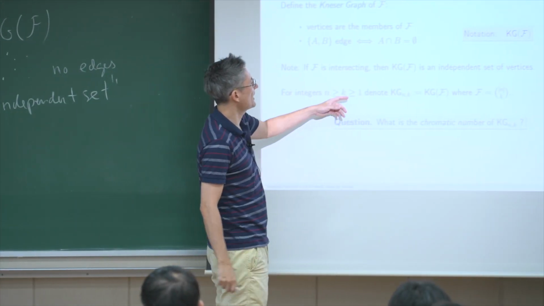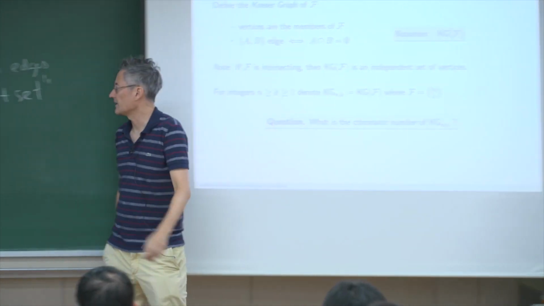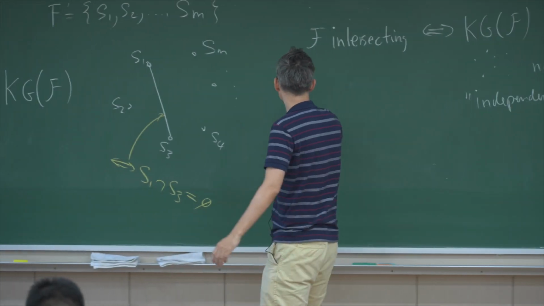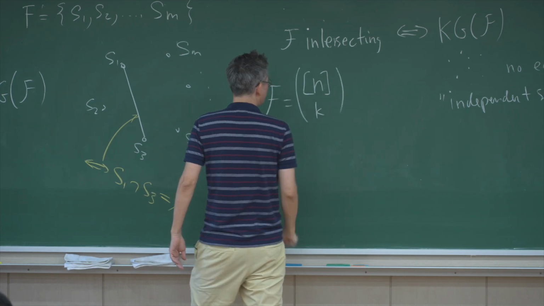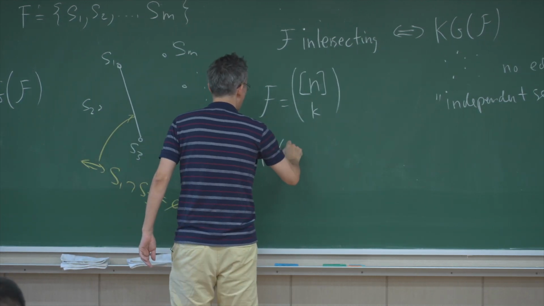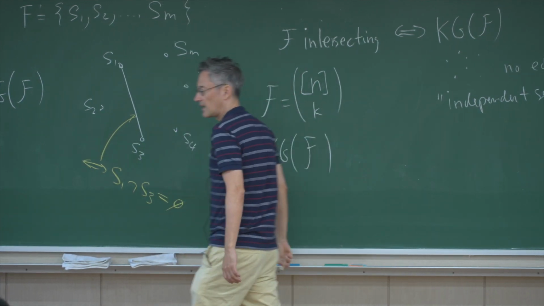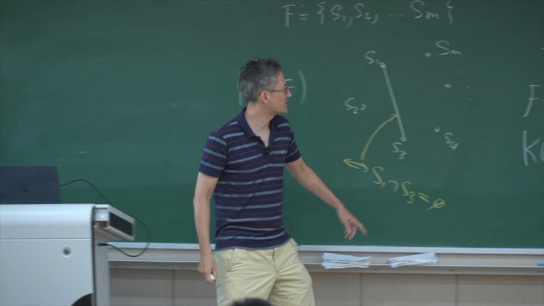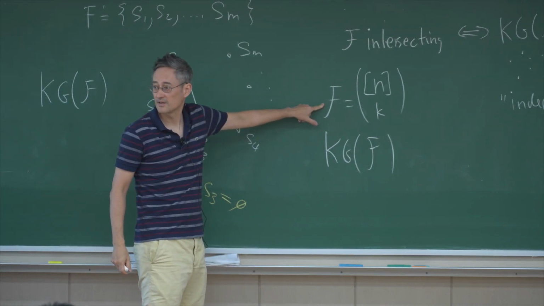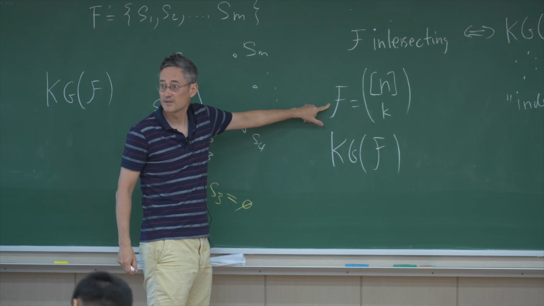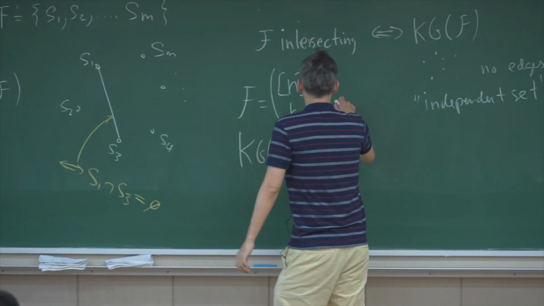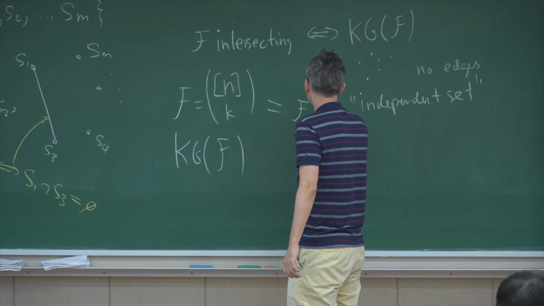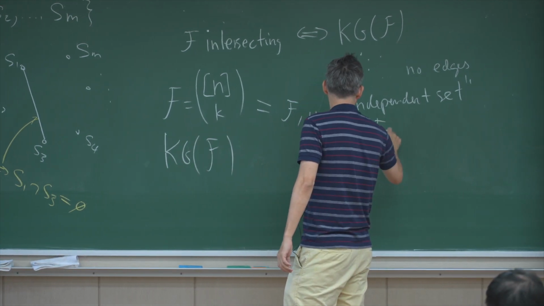Now, let's go back to the case when F is n choose k. So the Kneser conjecture, right? F is this family. And now I'm going to look at the Kneser graph of F. Now, the Kneser conjecture was, I want to split this into subfamilies, F1 up to Fm, such that each subfamily is intersecting, right? So I'm going to write this as a union F1 up to Fm.